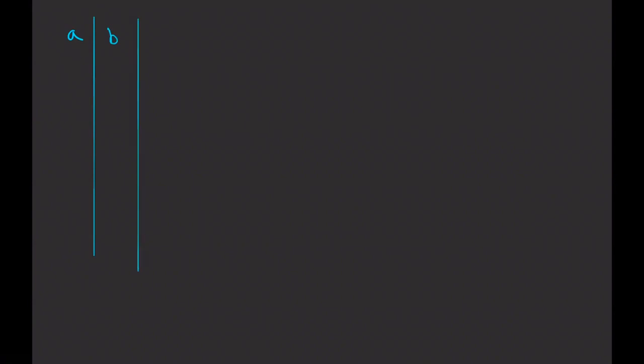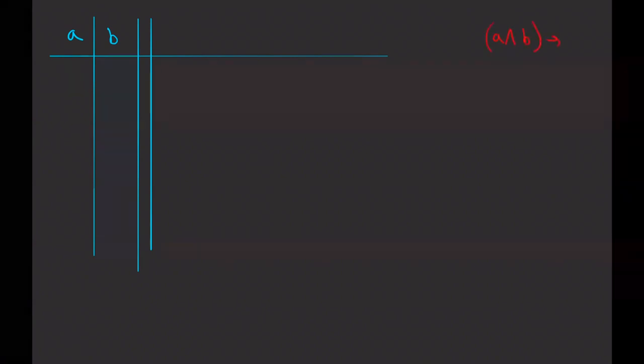So let's start off like we're used to with A and B. There we go. I've got my A and B, and we're trying to finish off with A and B in an if-then with A. So along the way, I better do an A and B, and then at that point, we're pretty much there.